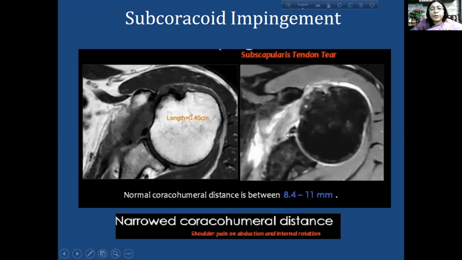Here, due to subscapularis tendon tear, we have to look for the coracohumeral distance, as by the coracoid process there is impingement on the subscapularis muscle and narrowing of this distance.